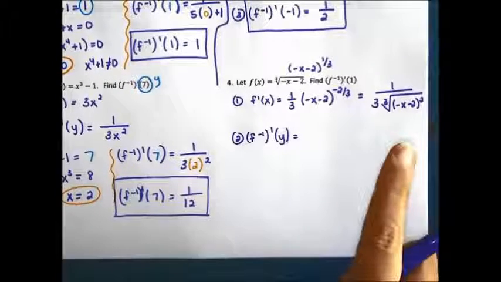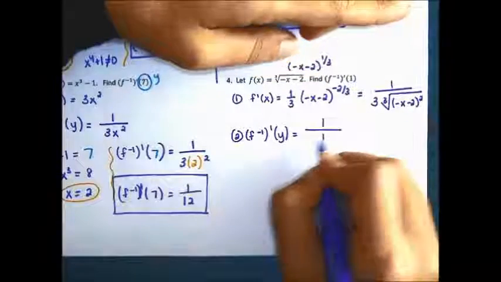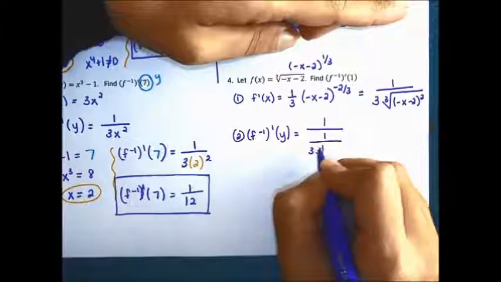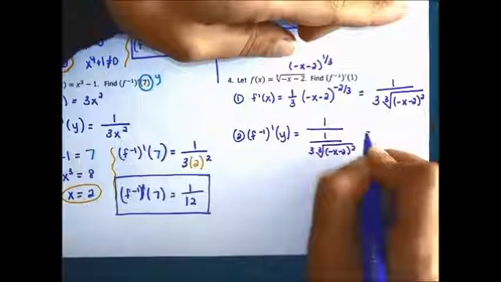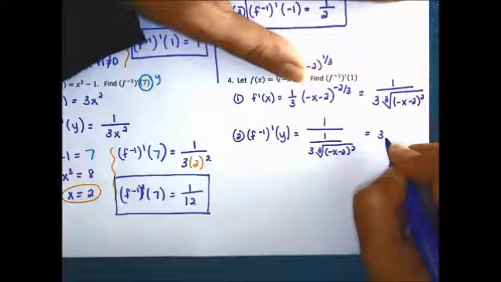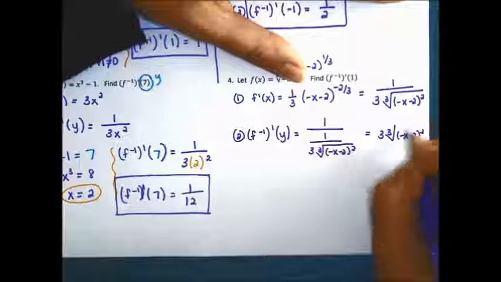Now here's the thing though, 1 divided by this stuff is really just the reciprocal. So the function would really just be this.